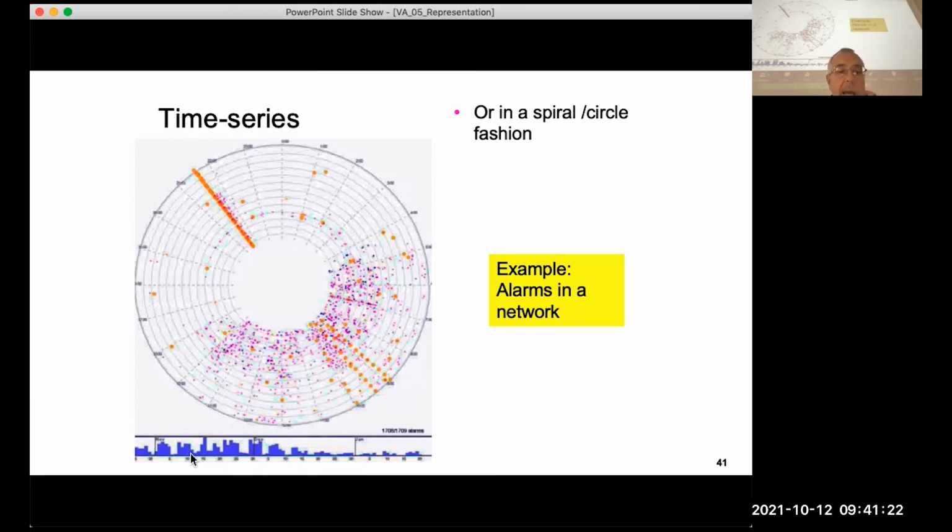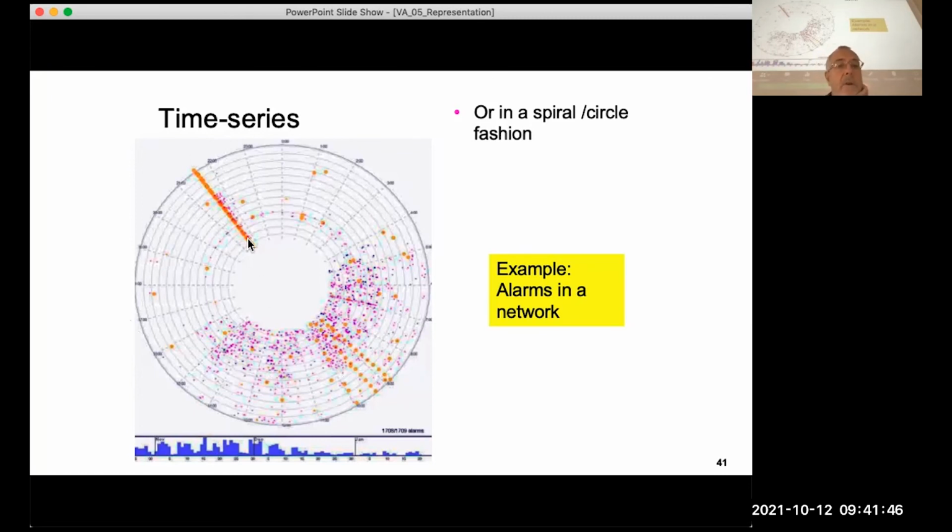Here we have a timeline you see on the bottom. Here the time is on the x-axis. You cannot compare the same part of the day, the same hour, or the same days, Monday with Tuesday, whatever. Arranging the time on a circle allows for that.